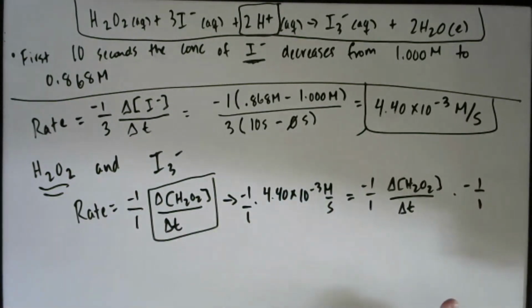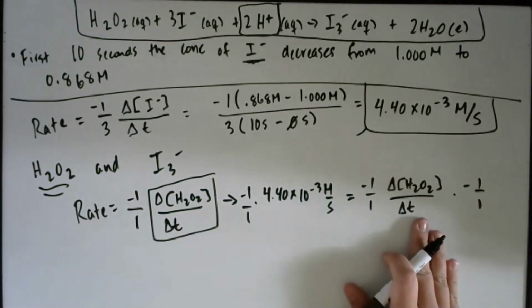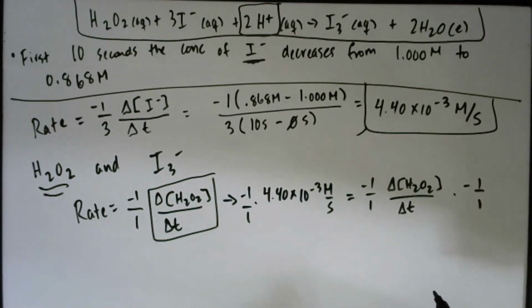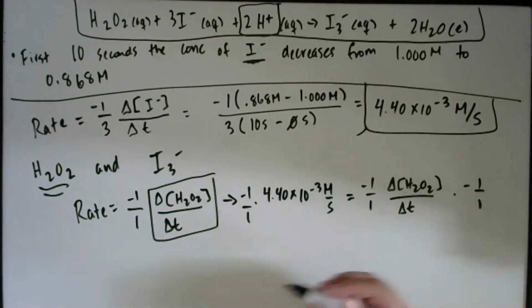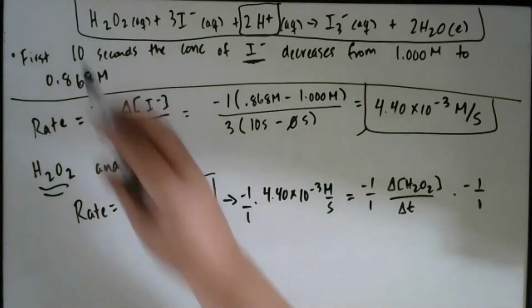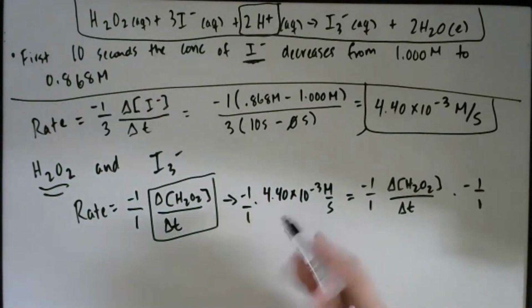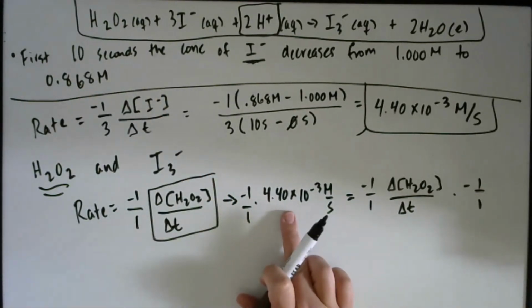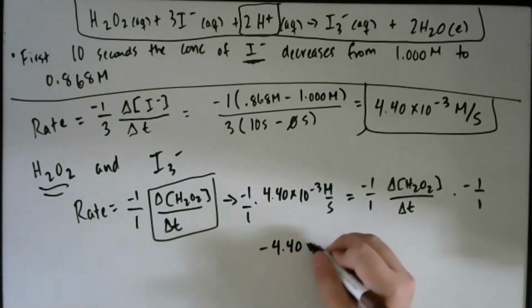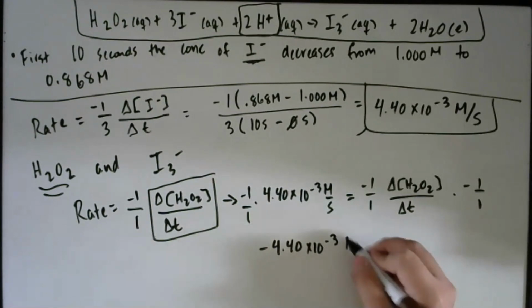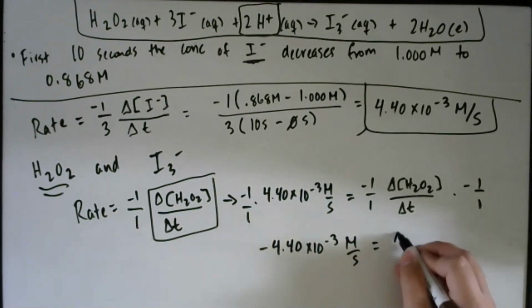But this should make sense because H2O2 is a reactant, so its rate of change in concentration should be a negative value because we're losing some of the H2O2. Because its coefficient in the balanced equation is 1, its rate of change is just going to be the negative value of the rate. So it's going to be negative 4.40 times 10 to the negative 3 molarity per second.